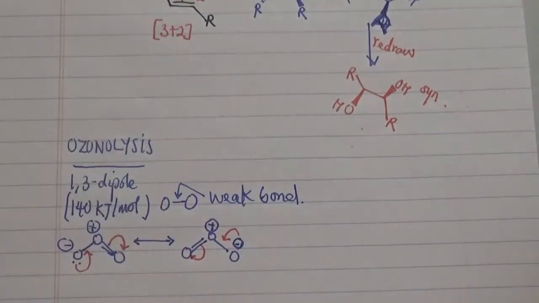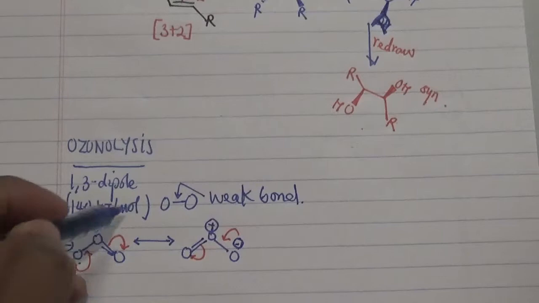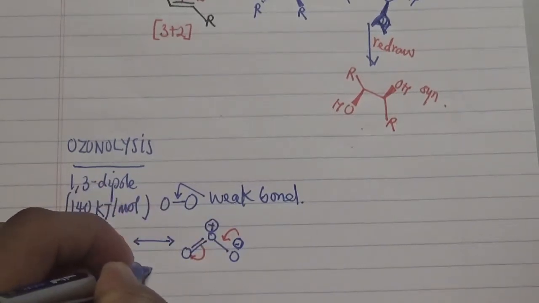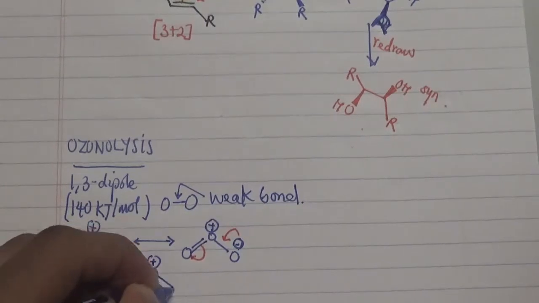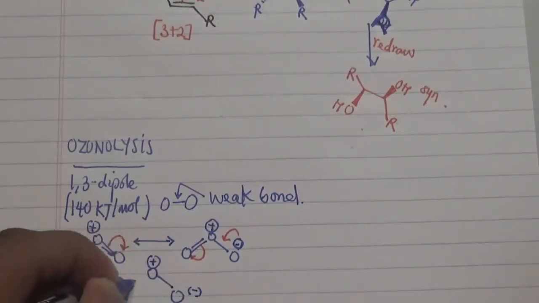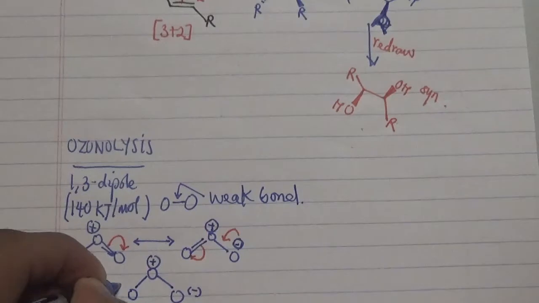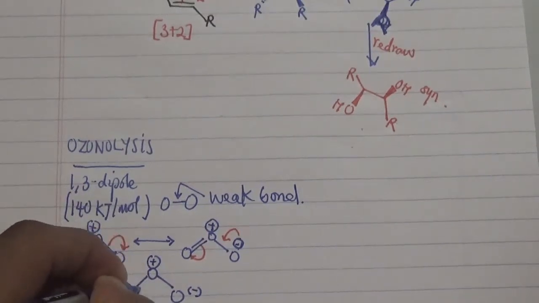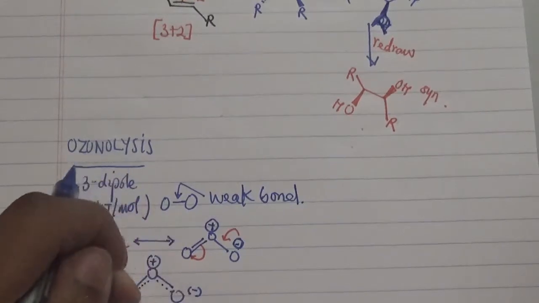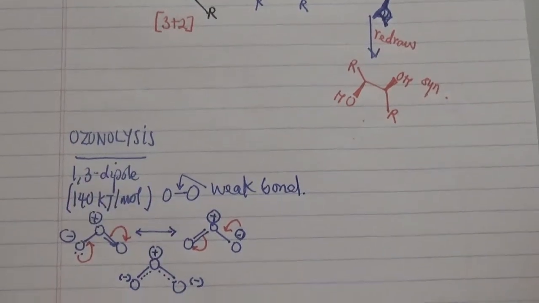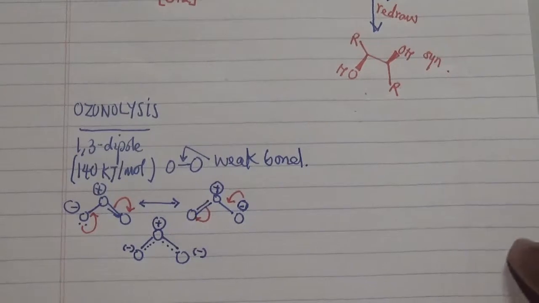If you want to generalize the structure of the resonance, you can just use this. We have a bracket negative, and on this oxygen we have a bracket negative. Then you can put the dot here and your dots there, which shows the flow of electrons in this region, which is kind of delocalized.